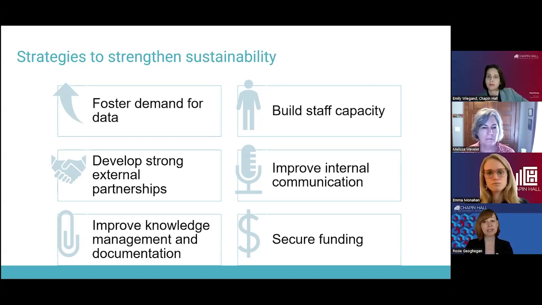We also heard about establishing documentation as a routine part of staff responsibilities and analyses. So writing things down, updating code books, developing data dictionaries, it can really help if you tell your staff, look, this is part of the job. It's not a luxury. It's not something we do if we have time.